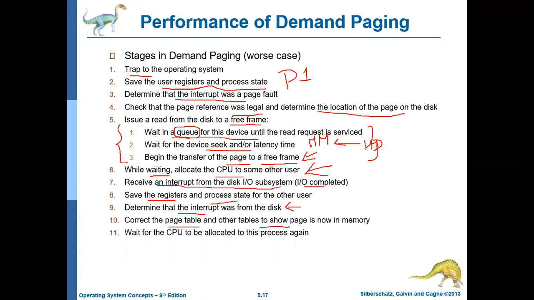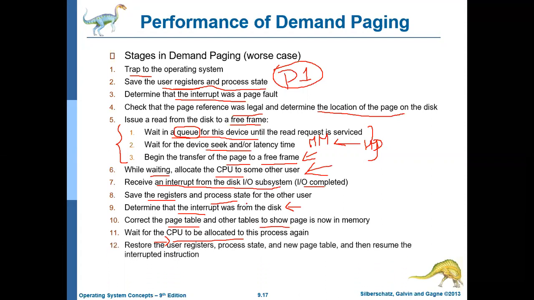Then wait for the CPU to be once again allocated to this particular process P1, which originally created the trap. Because now the page it requested has moved into the main memory, it is ready to execute again. But it should still wait for its turn for the CPU, because we don't know what scheduling algorithm the CPU is using.